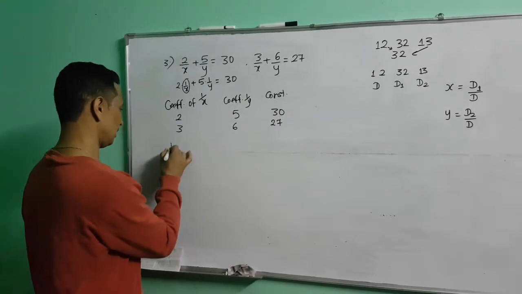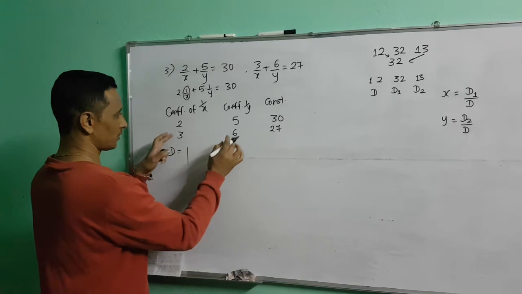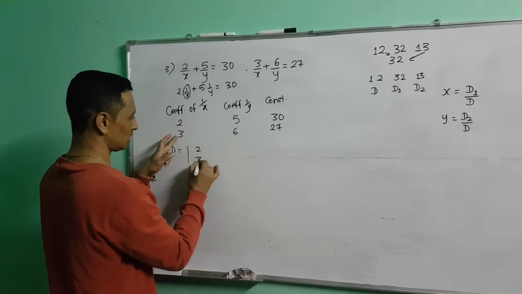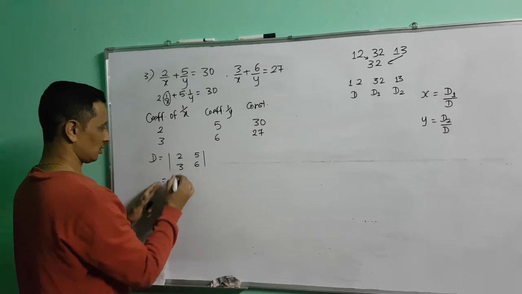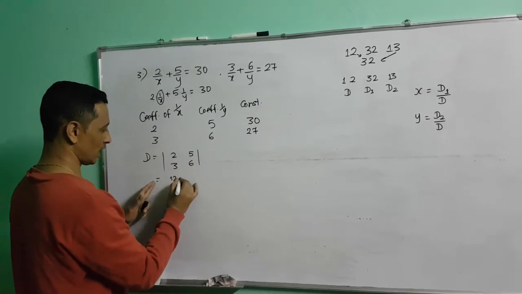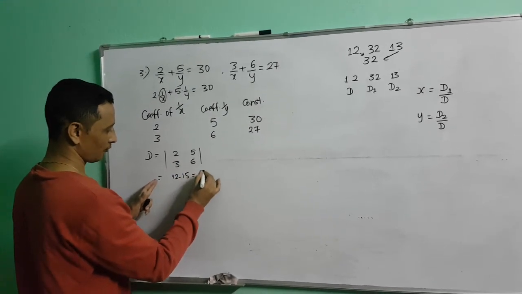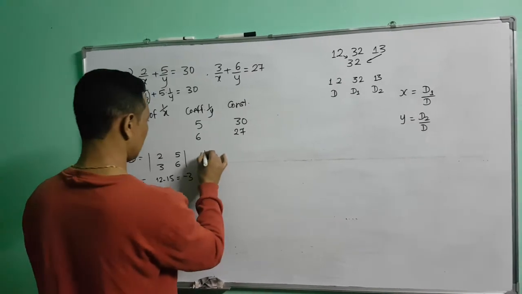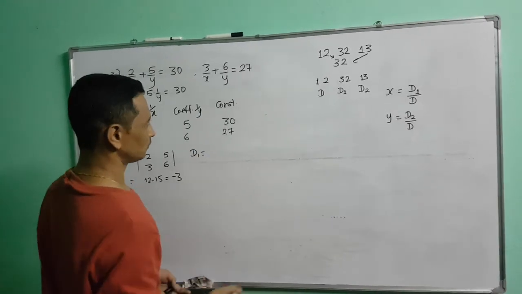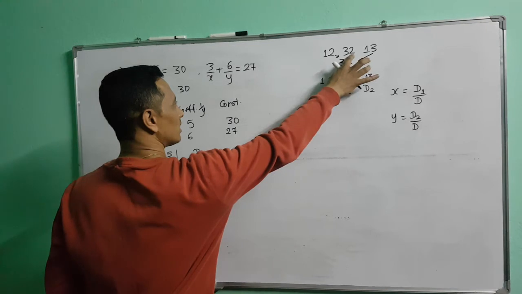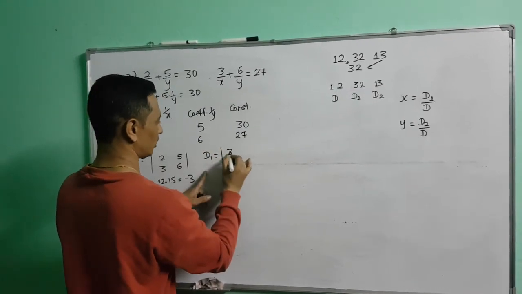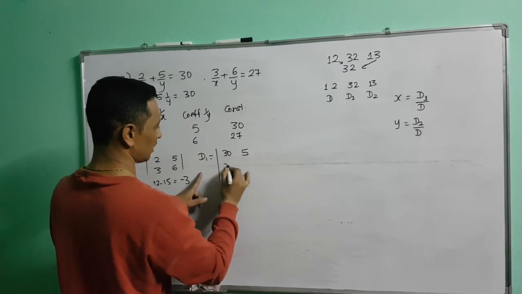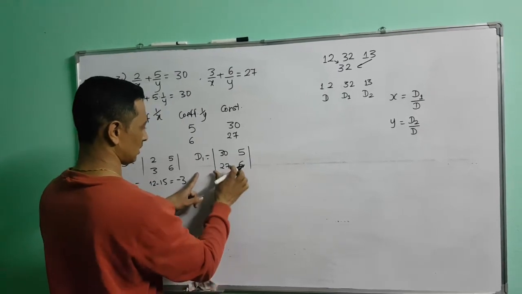Here D equals to the first and second columns: 2, 3, 5, 6. It is 6 times 2 is 12, minus 15, equals to minus 3. D1 equals to the determinant of the third and second columns, that is 30, 5, 27, 6.